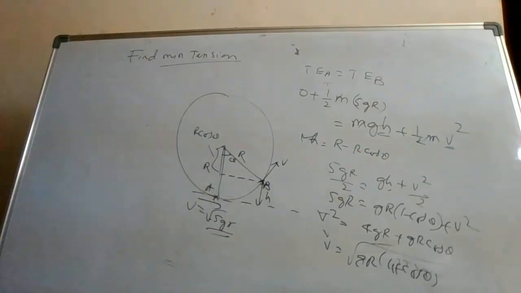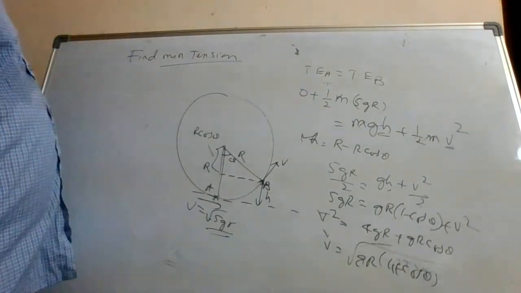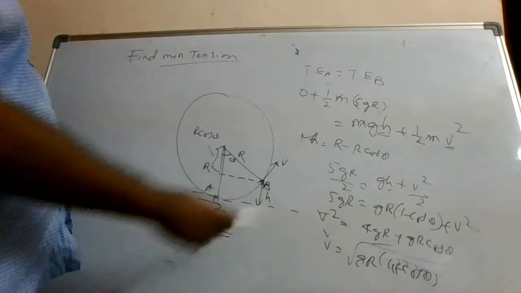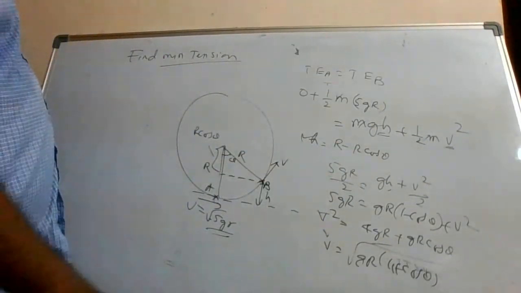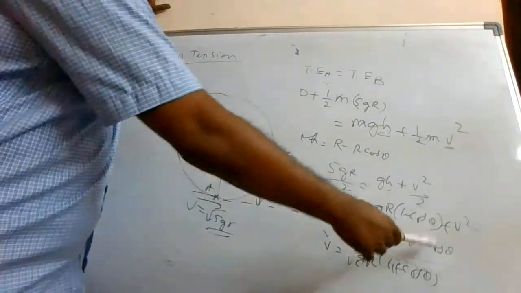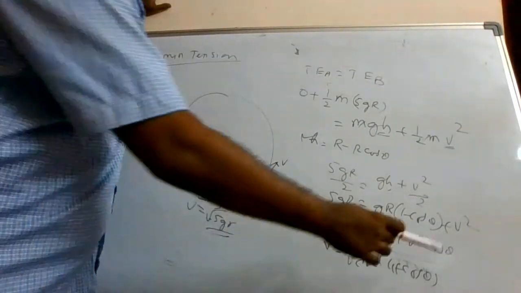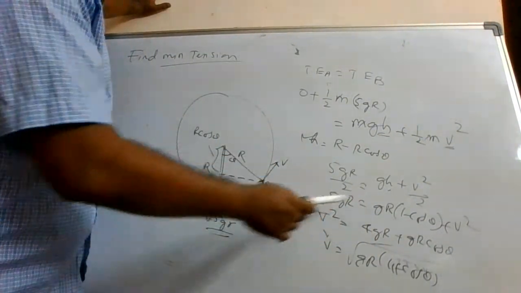Cos 180 is minus 1. Root over 3gr you are getting, yes, isn't it? It should satisfy for all the conditions actually. H value is r minus r cos theta. So this is becoming r into (1 minus cos theta). And we are finding out, did I multiply with 2 both sides?